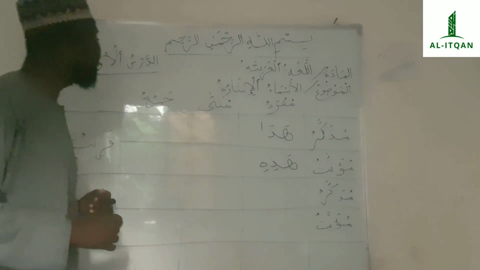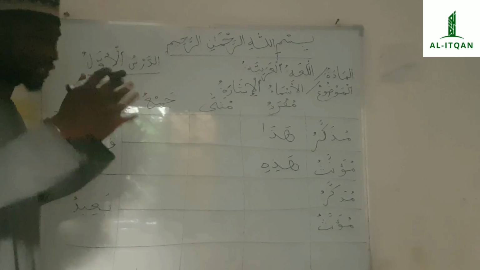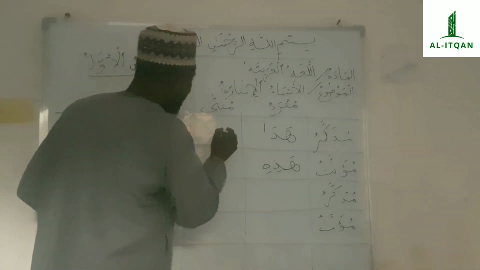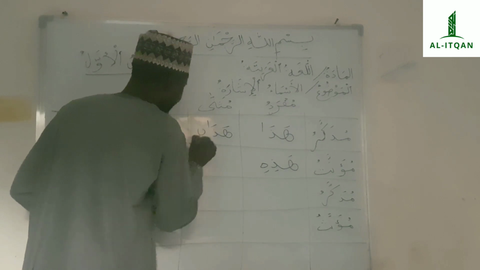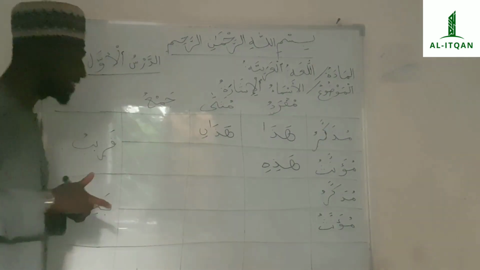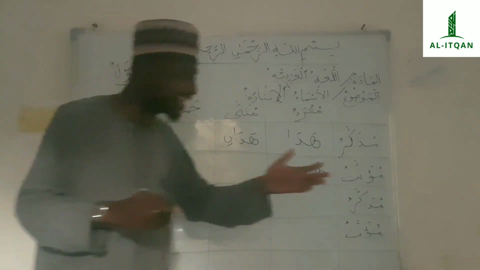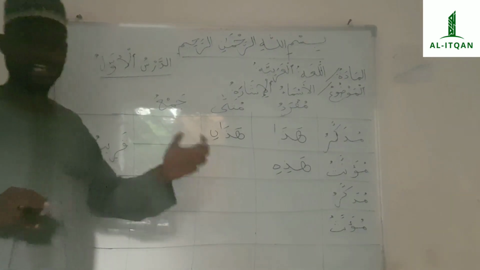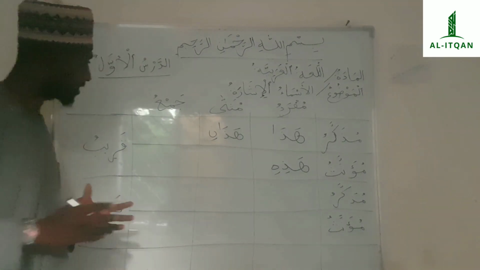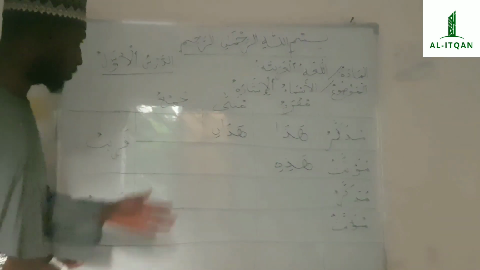Then we take the muthanna, which is dual. You have hadani. You are talking of two now. Hadani kitabani. These are two books. Are we getting it?